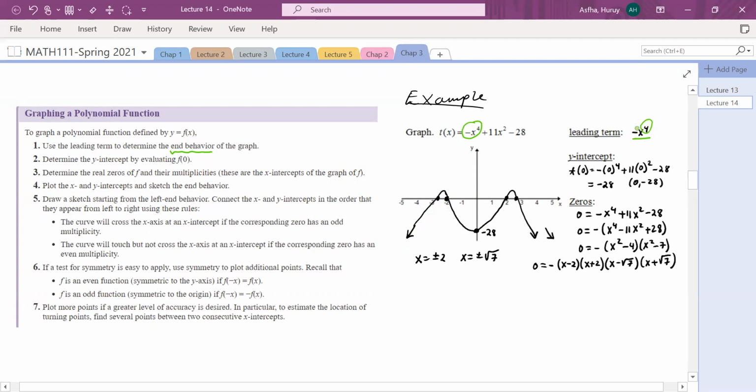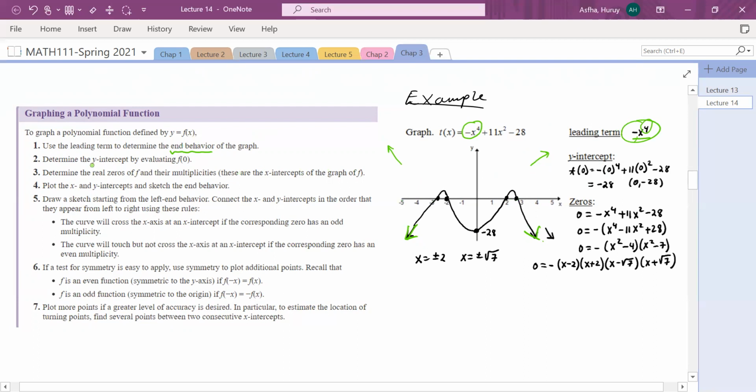In this case, since this is negative and this is even, then the endpoints go in the same direction: left down and right down. If this was positive, then we would expect them to go this direction: left up and right up. Okay, so here we have the end behavior just by using this leading term.